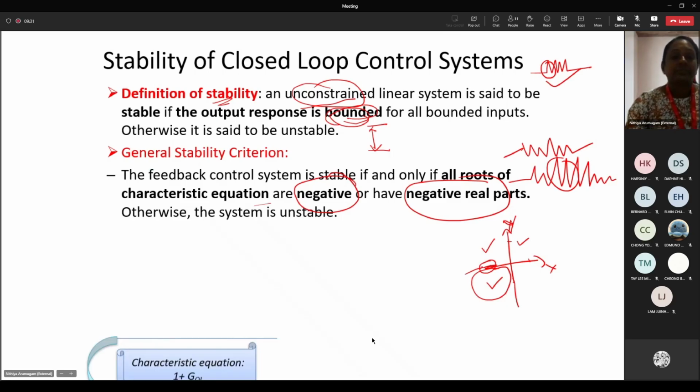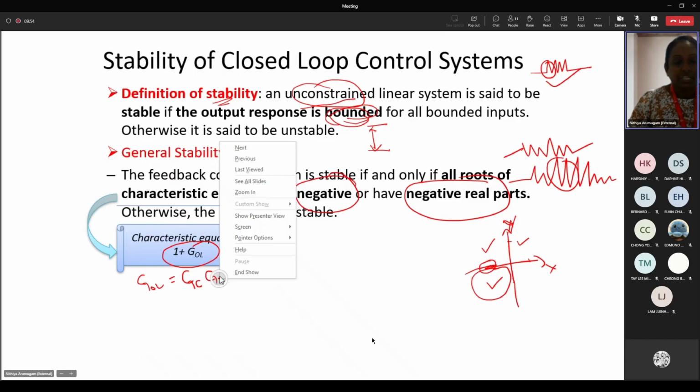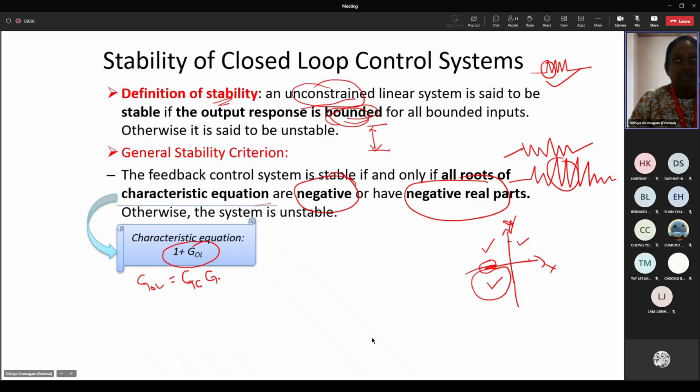All right. Now, what do they mean by characteristic equation? This is the characteristic equation, 1 plus GOL. Now, the GOL means the transfer function for the open loop system. So this is basically the multiplication of all the transfer functions in a closed loop system, in an open loop system, which is derived from the closed loop system.